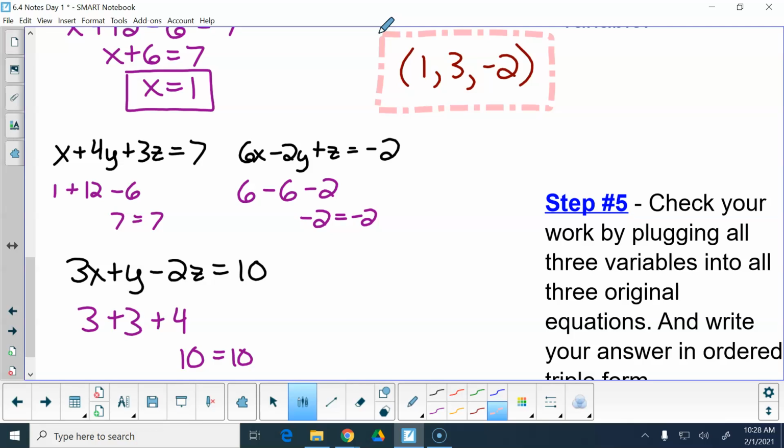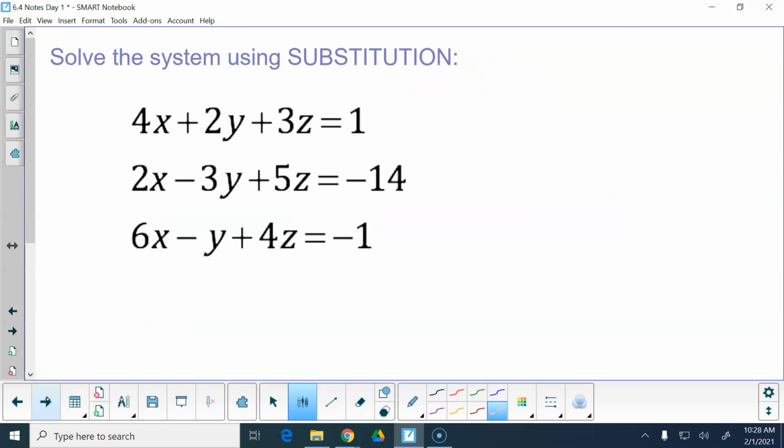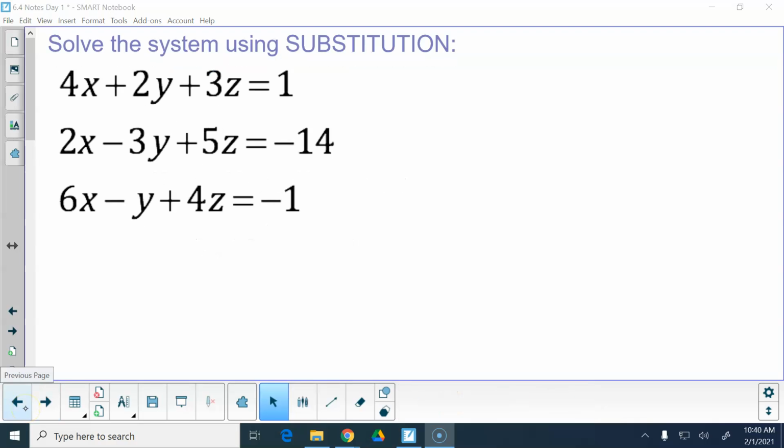Okay? What I would like you to do now is try this system of 3 equations with 3 unknowns. Solve it using substitution. From walking around the room, it appeared as if 100% in the room chose the third equation to solve for y. Okay? And I would agree with that.